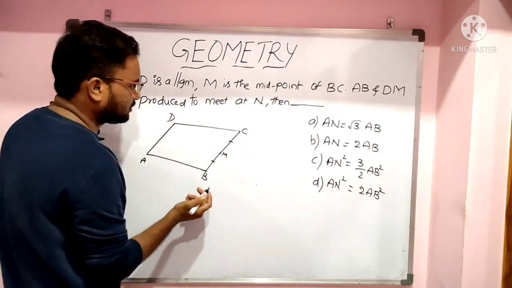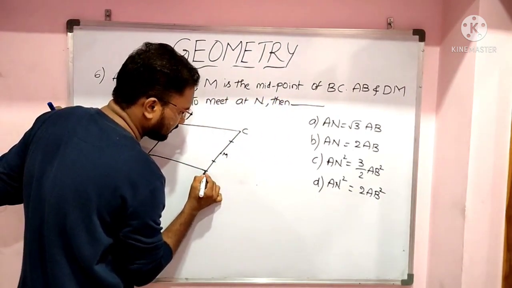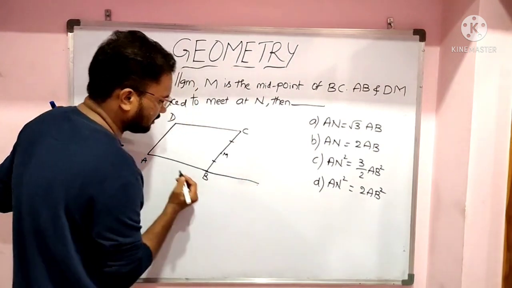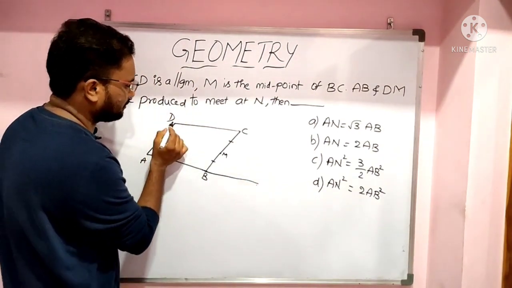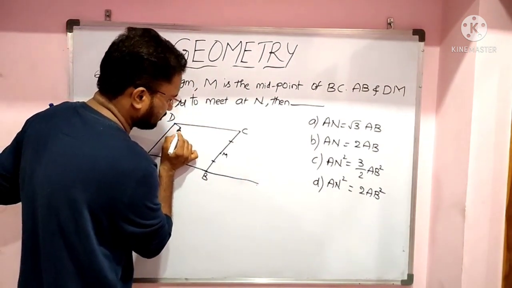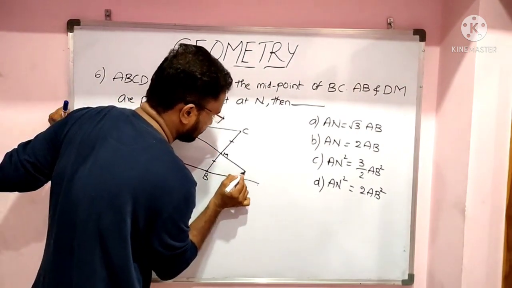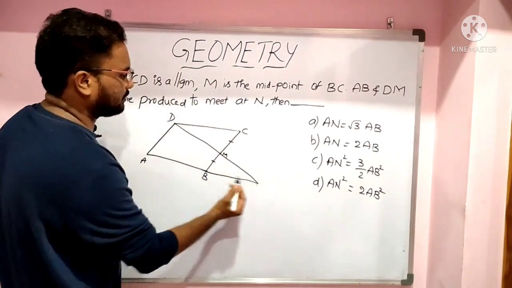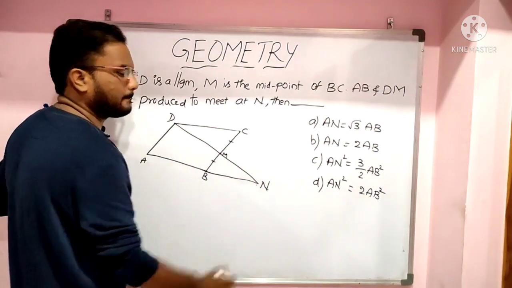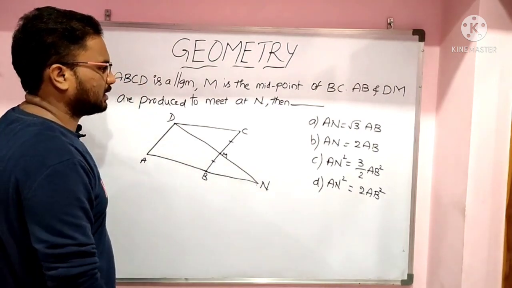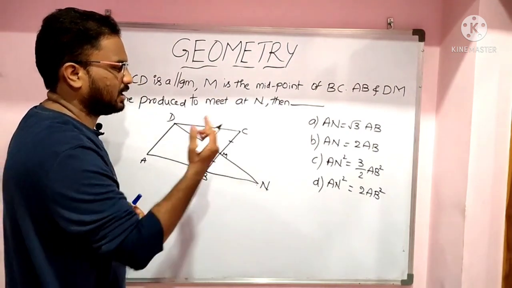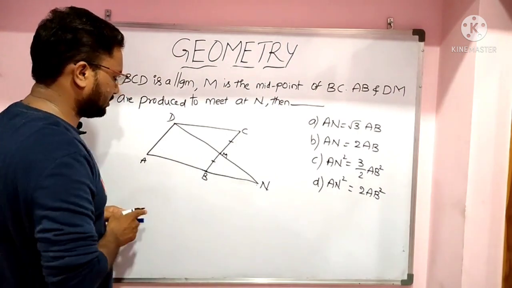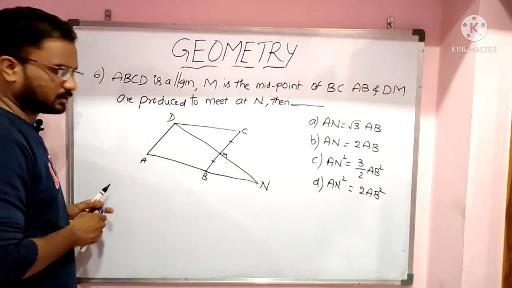AB and DM are produced to meet at N. So let's extend this line AB and DM. These two meet at a point N. Then we need to find the relation between AN and AB.